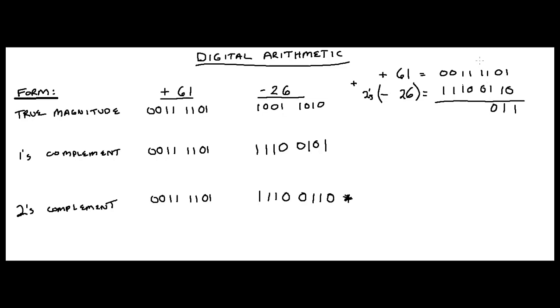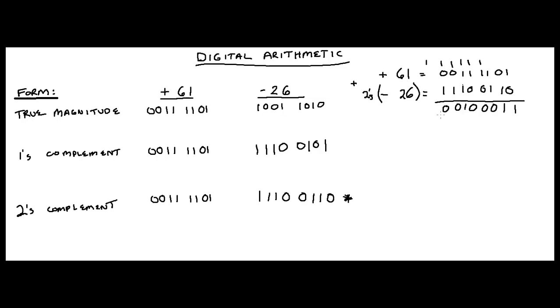We're going to carry the 1, right? 1, 1 is going to be 0. Carry the 1. 1, 1 is going to be 0. Carry the 1. 1, 1, 1. That is 1. Carry the 1. 1, 0, 1. That's 0. Carry the 1. 1 and 1 is 0. And we're carrying the 1, right? But since we only have an 8-bit number, it doesn't matter, okay?